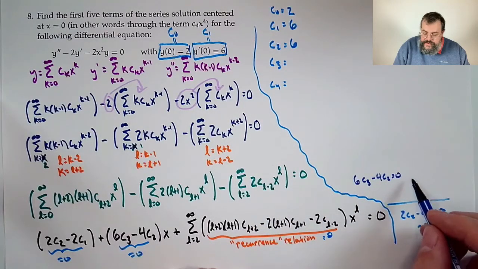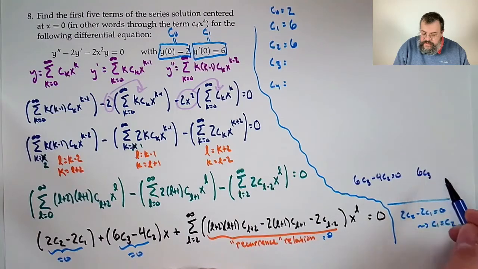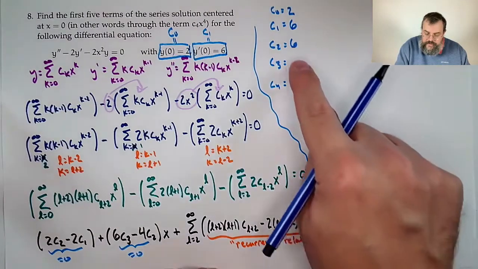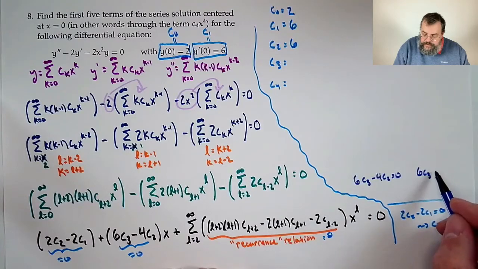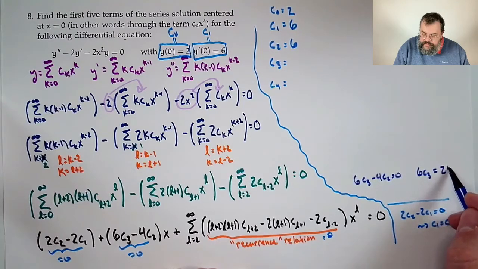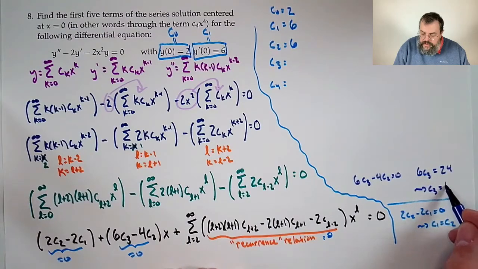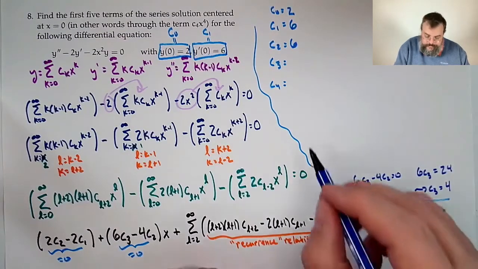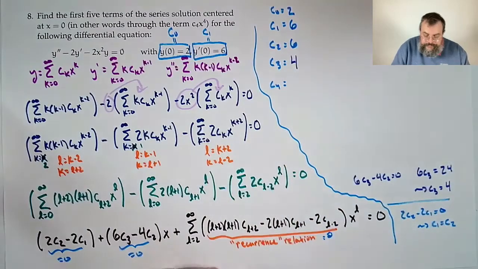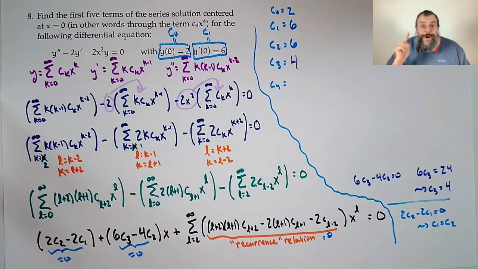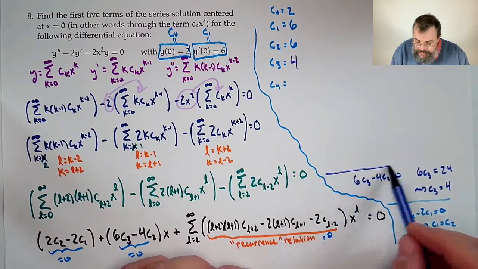So we get 6 times C3, and C2 is 6, so minus 24 equals 0, so 6C3 equals 24. So that says, aha, C3 has to equal 4. We're just one coefficient away from being done with this problem.